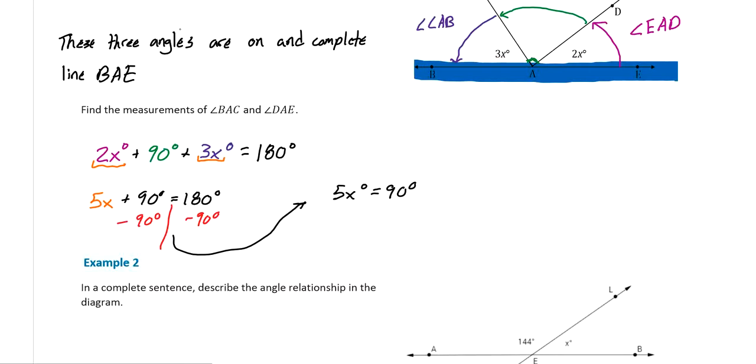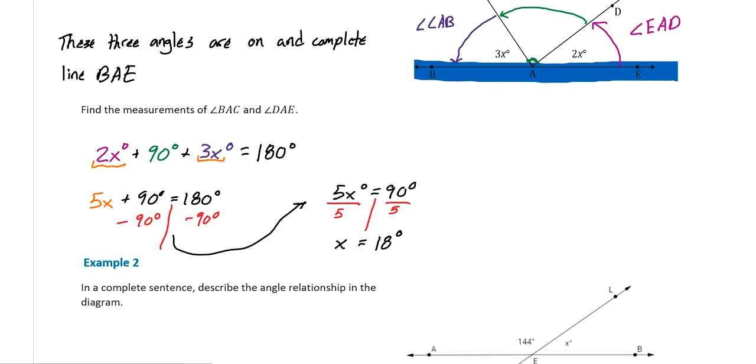I'd have to divide by 5. And we'd be left with x equals 18 degrees. All right, but that's not it.